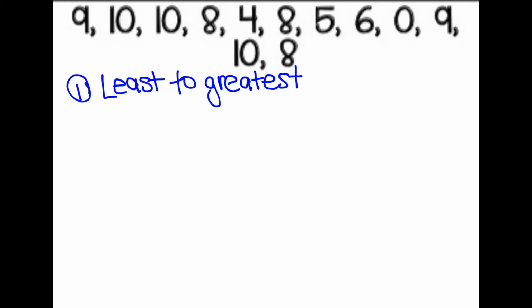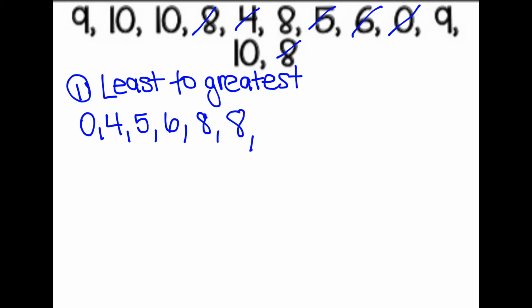We have a 0, and I cross off as I write my numbers. We have a 4, a 5, 6. Aren't any 7s. We have an 8, another 8, another 8, a 9, a 9.